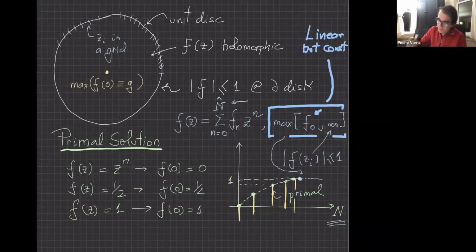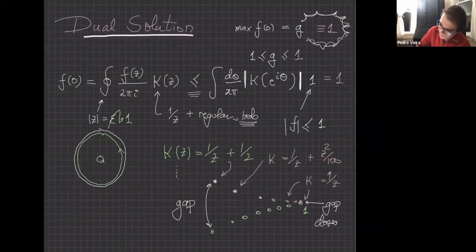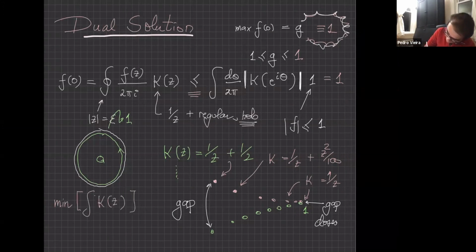The other one, as Shiraz pointed out, that I had forgotten, is how you do it in a computer. You just ask to minimize the integral of the absolute value of k of z, where you put k to be anything you want: 1 over z plus any expansion in k_n z to the n.